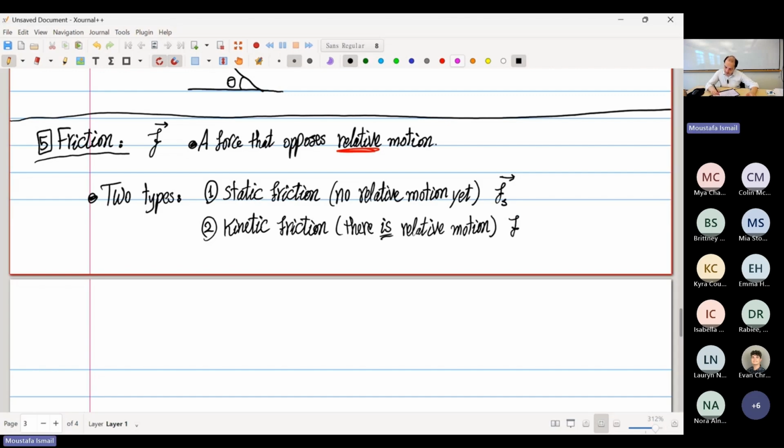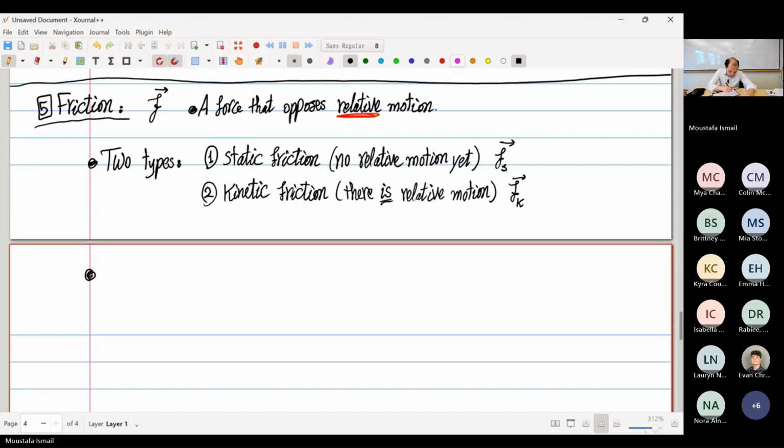It's denoted by F sub K for kinetic. The agent that exerts the friction force is also a surface. So yes, a surface will in general exert two different forces. It will exert a normal force perpendicular to the surface, and it will exert a friction force. In this case, friction force is parallel to the surface.